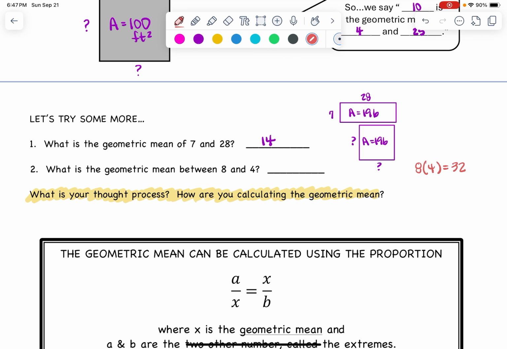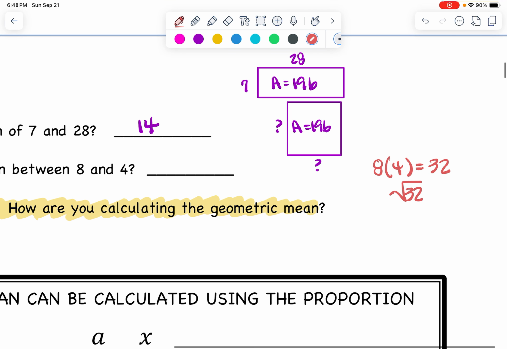And then we want to know what number multiplies by itself to get 32. Well, technically, when you ask yourself that question, you're finding the square root of 32, which is of course why we call them square roots, because they're side lengths of squares. Okay, does that make sense, everybody? So the square root of 32 is not a perfect square, but we know how to simplify radicals, and we always should, right?